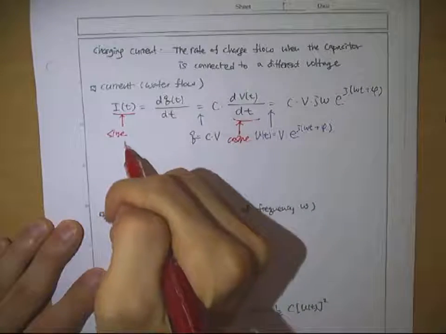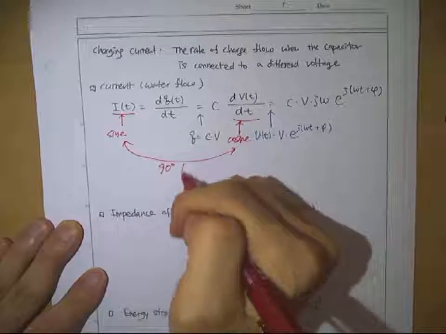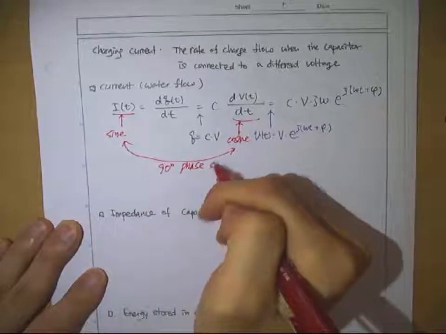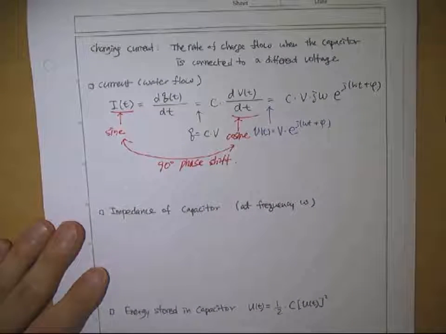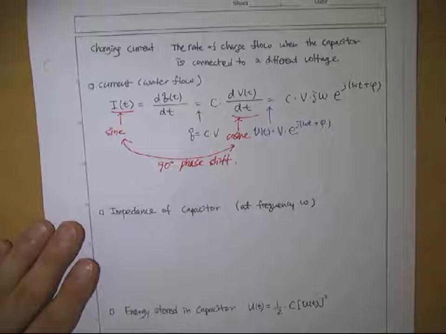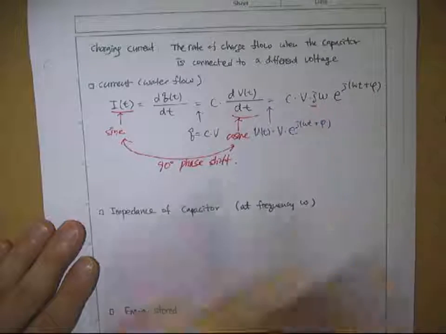So now you have a 90-degree phase shift because of the capacitance. And you also have an imaginary part in this equation.